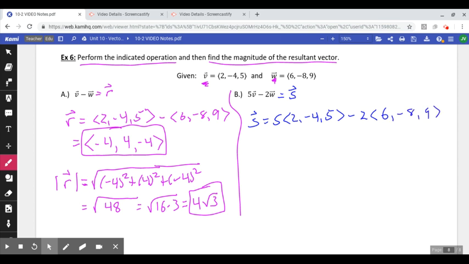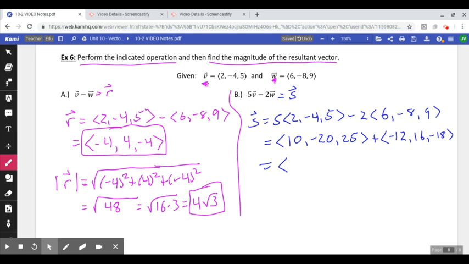We want to do that multiplication piece first, those scalar multiples. So we've got 10, -20, 25. And then we're going to multiply -2 by each component of vector w. So this will be -12, 16, and -18.